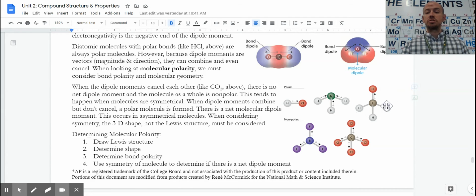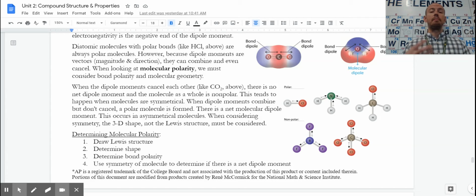In CH3Cl, the carbon has electrons being shared with all of the hydrogens fairly equally, but unequally with the chlorine. So we have a pull for electrons in one direction that isn't balanced in the other. For our nonpolar examples, very much like CO2, we do have polar bonds, but they are pulled equally in all directions.